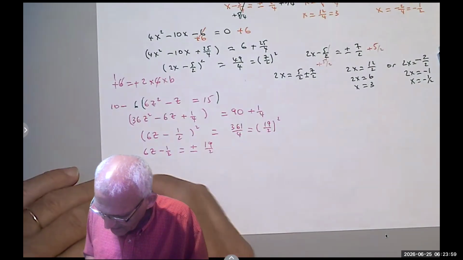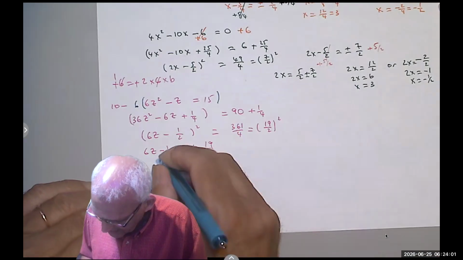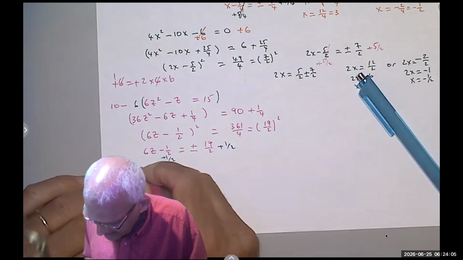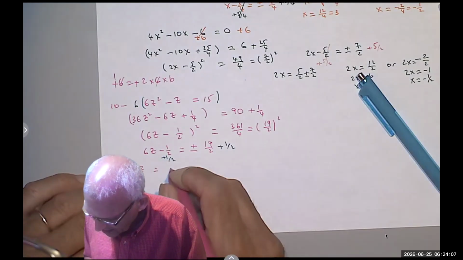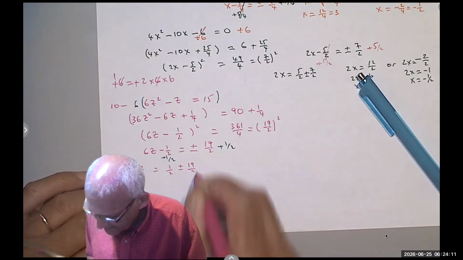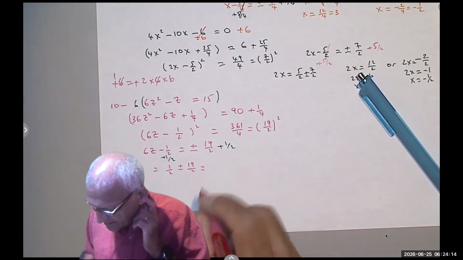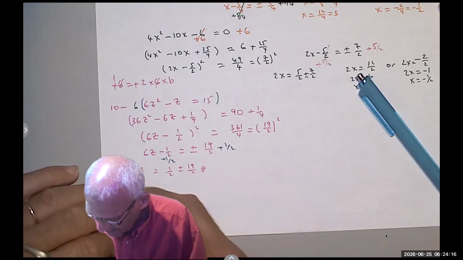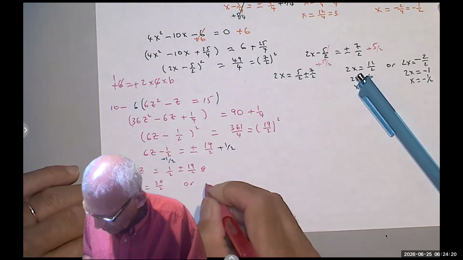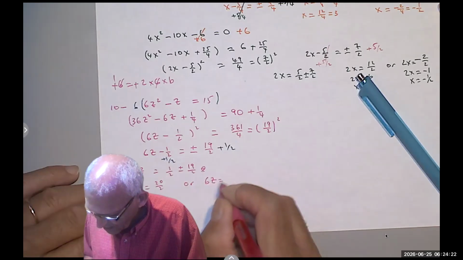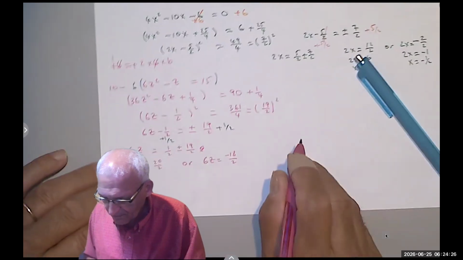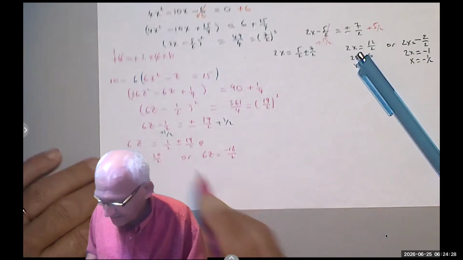So if I add 1 half to both sides, I get 6z equals 1 half plus or minus 19 halves, equals 20 halves, or 6z equals negative 18 halves, right? 1 minus 19.